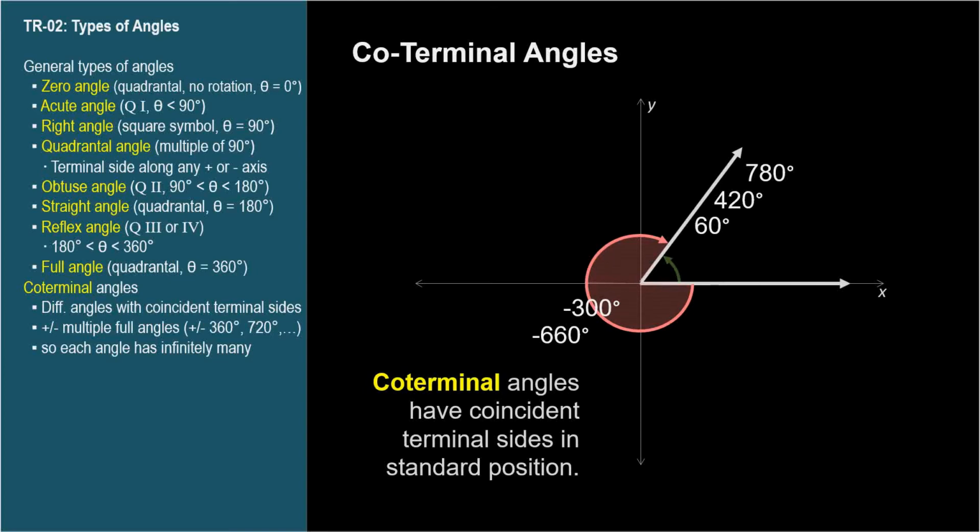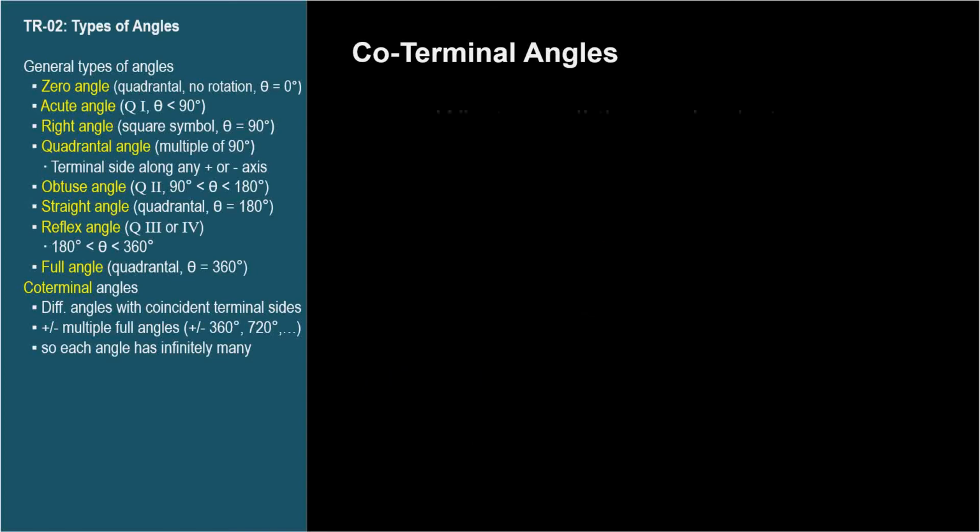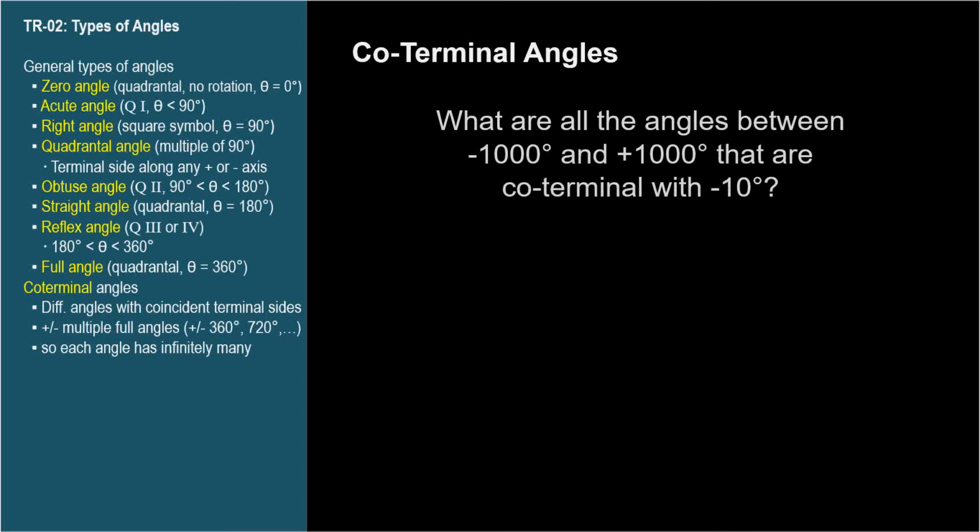Let's try a problem. What are all the angles between negative 1000 degrees and positive 1000 degrees that are coterminal with negative 10 degrees? Subtracting 360 degrees gets us to negative 370 degrees. Subtract 360 degrees again to get negative 730 degrees. When we subtract 360 degrees from negative 730, we get negative 1090, which is outside the specified range.